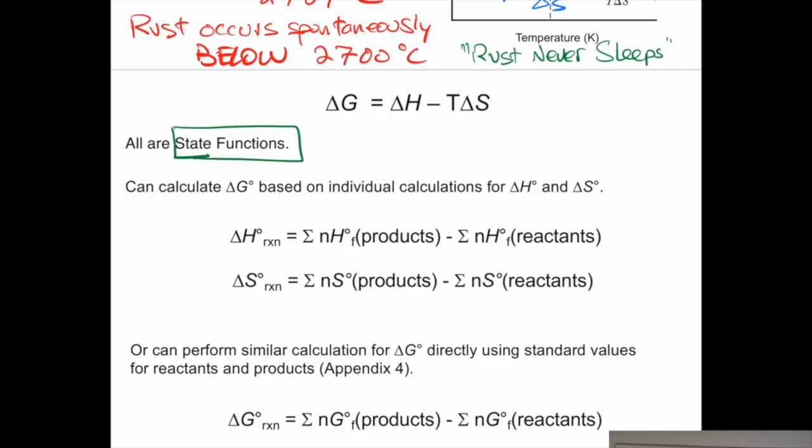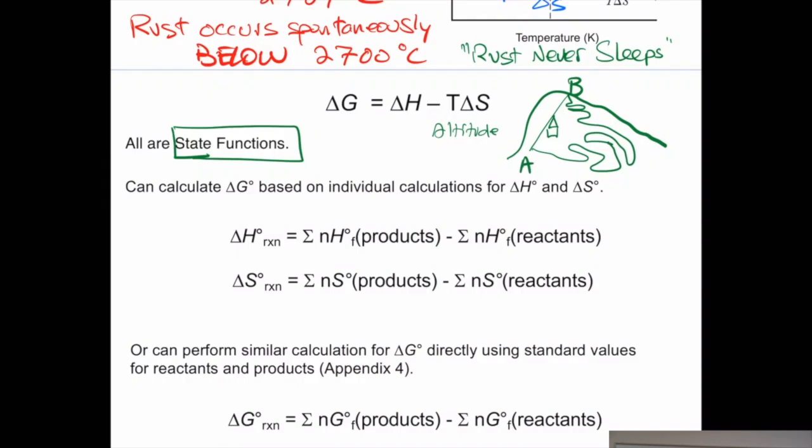The example that I like to show in class a lot is the mountain. If you take the tram from state A to state B, where A is at the base and B is at the summit, you can take the tram straight up to B, or you can take the path that winds around and switchbacks, sometimes goes down and sometimes back up, and finally makes it to B. It might take you longer, but if we're looking at the altitude gained, or the potential energy gained, the delta is always the same, no matter the path you took.